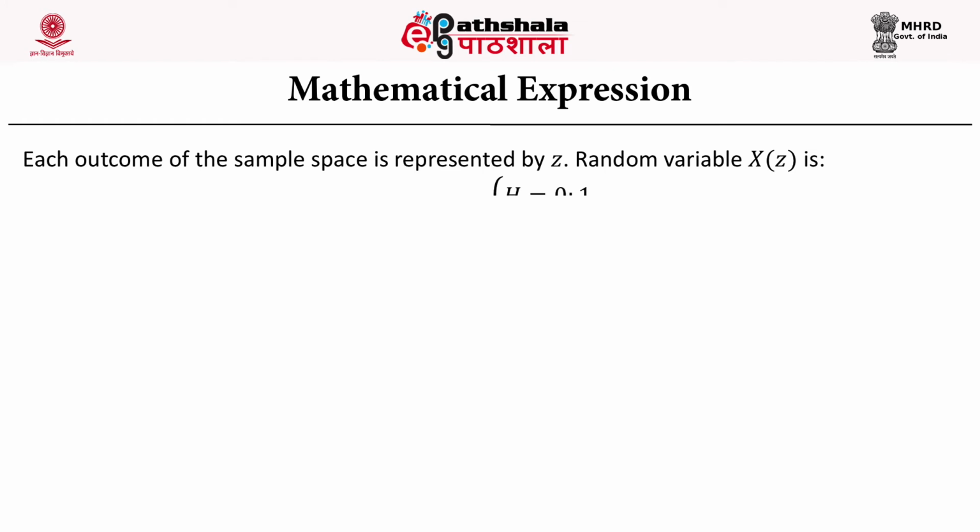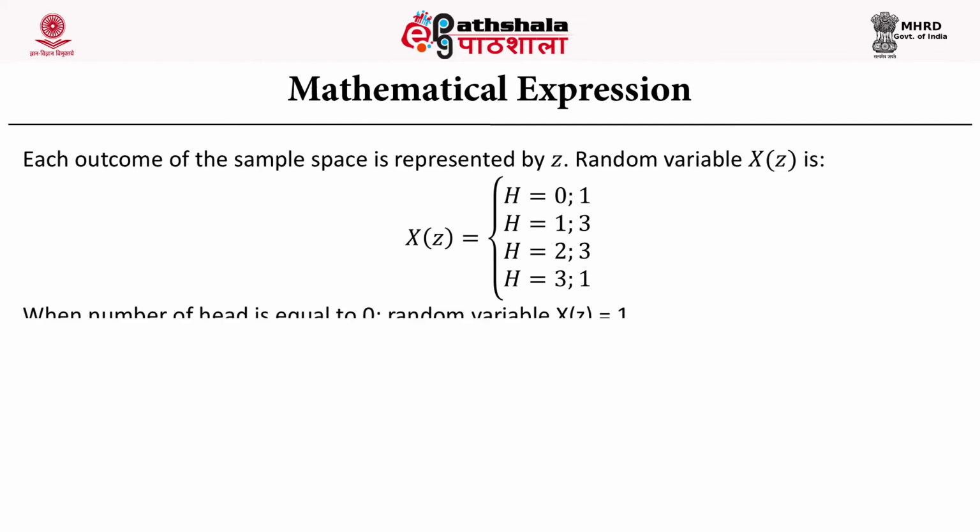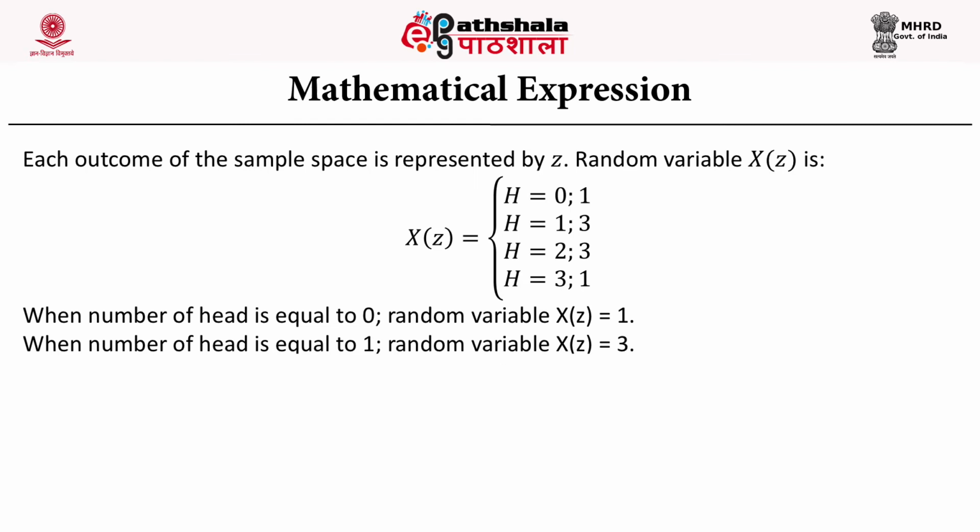Random variable X(z) is equal to h, where h takes the values 0, 1, 2, 3. So when the number of heads is equal to 0, the random variable X(z) is equal to 1.